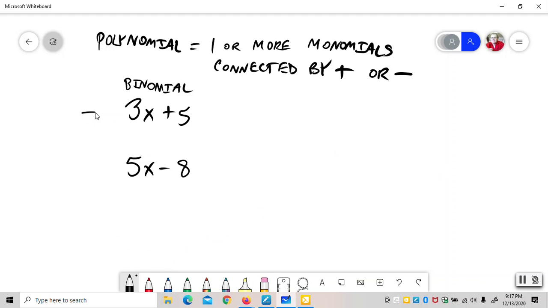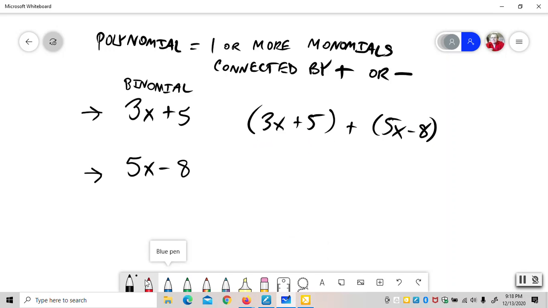If you had this polynomial and that polynomial and you wanted to add them, well, it is basically exactly the same thing as collecting like terms. The reason I'm putting these polynomials in parentheses is just to make it easier to see that it's two separate units.